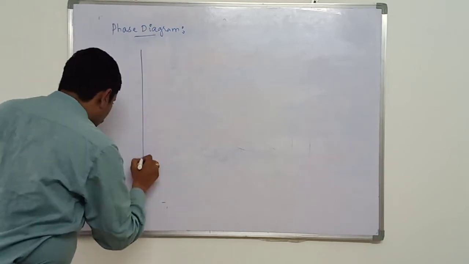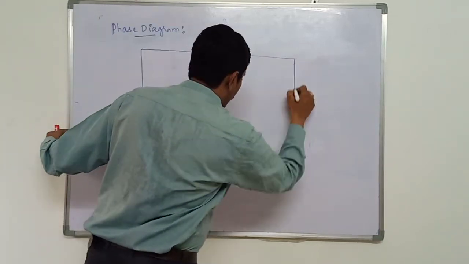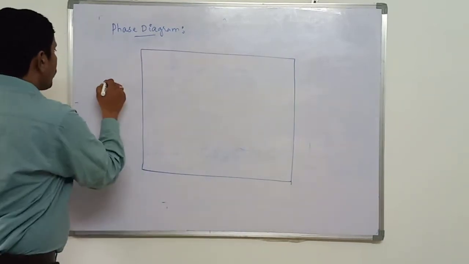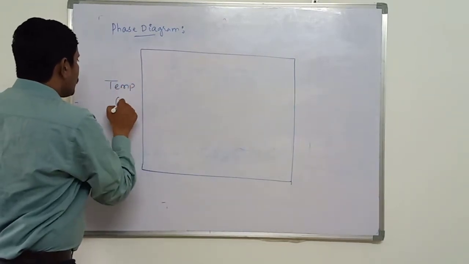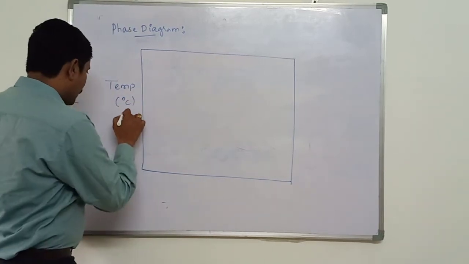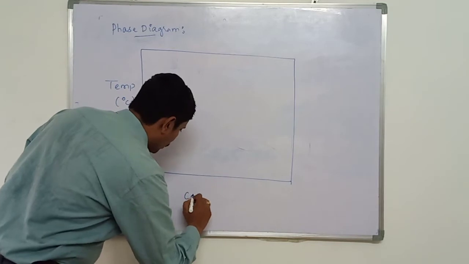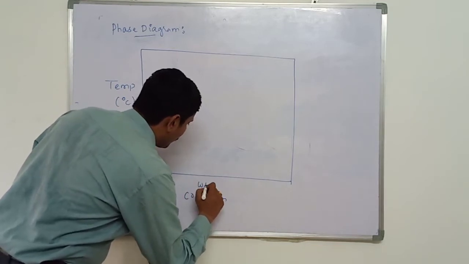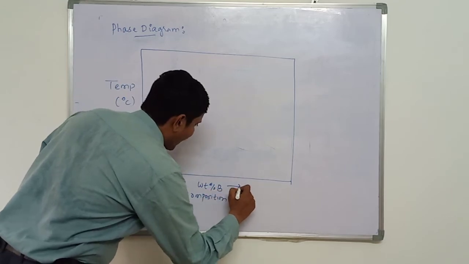So always the phase diagram is plotted between temperature in terms of degree centigrade or degree Fahrenheit on the y-axis, and composition, that is weight percentage of the alloying element, on the x-axis.